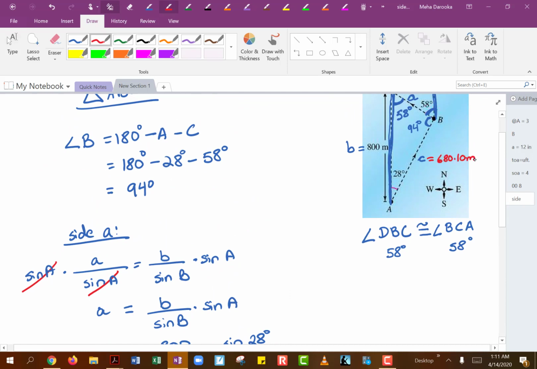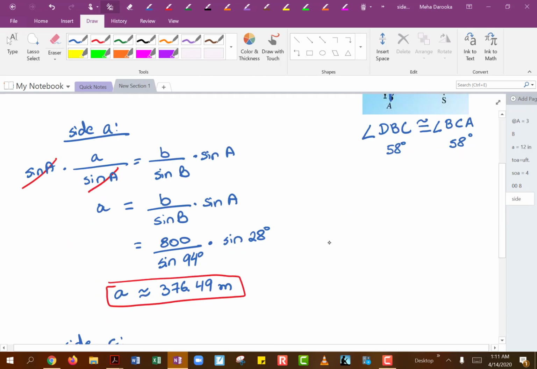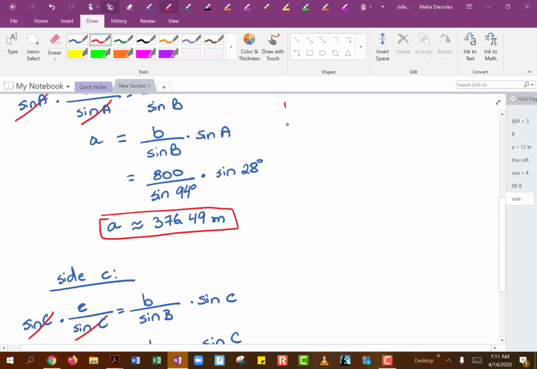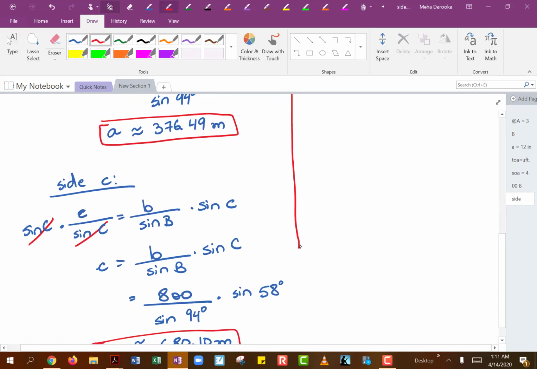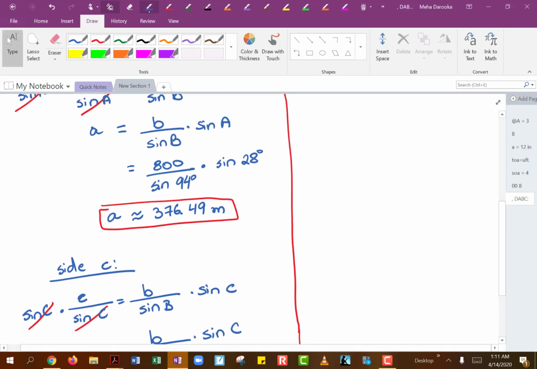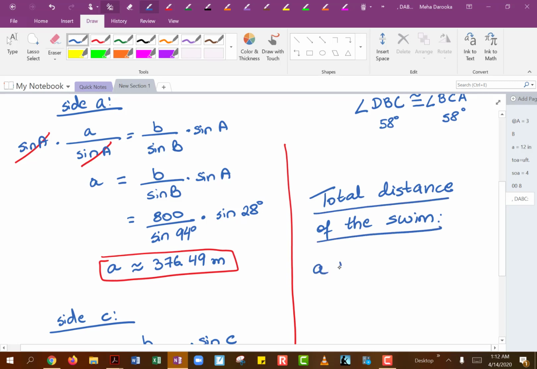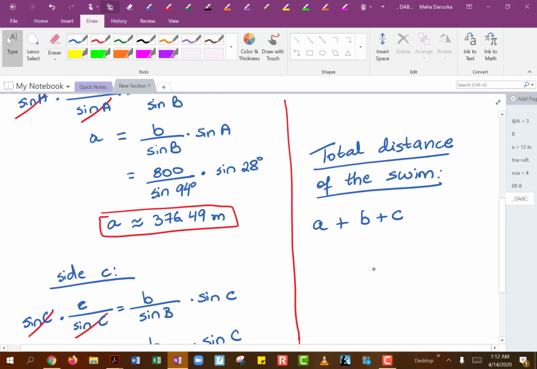And now to find the total distance, you just add all three of those sides. So A plus B plus C. Side A is 376.49 meters.